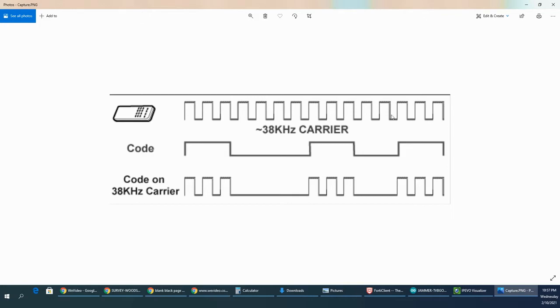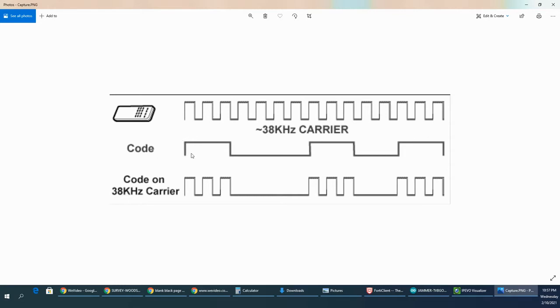It repeats that, but it does it so fast, 38,000 times a second. That's key. It's looking for that rate of the light turning on and off. If it doesn't see it turning on and off at 38,000 times a second, then it doesn't even acknowledge it. It has to see an infrared light turning on and off at that rate in order for it to even be recognized.